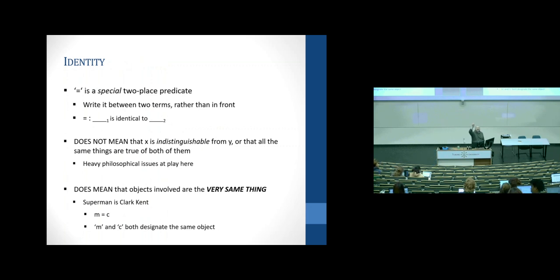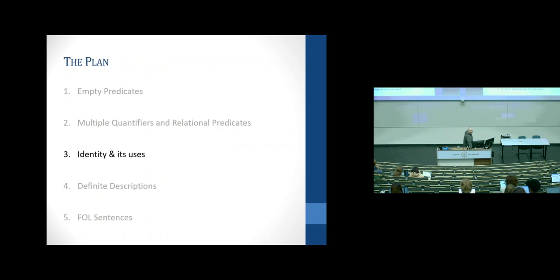It's special in a grammatical sense, in that it is the only relation we write in between two terms. Like every other relation we write in front, followed by the two terms. This one we write in the middle. And it's also special in that we never have to specify what it is in any symbolization key. So to go back a couple slides, right?